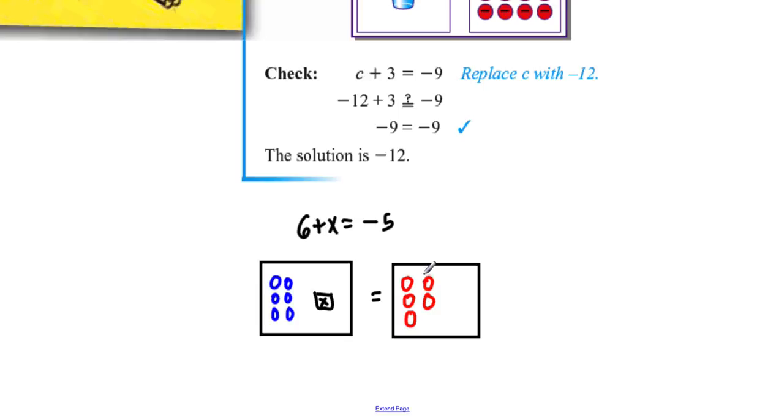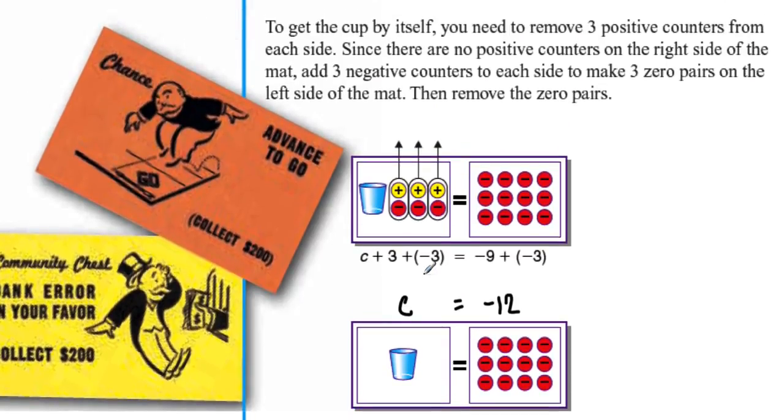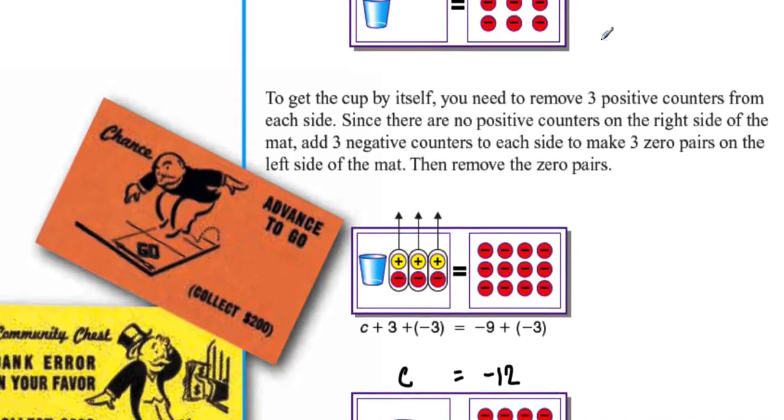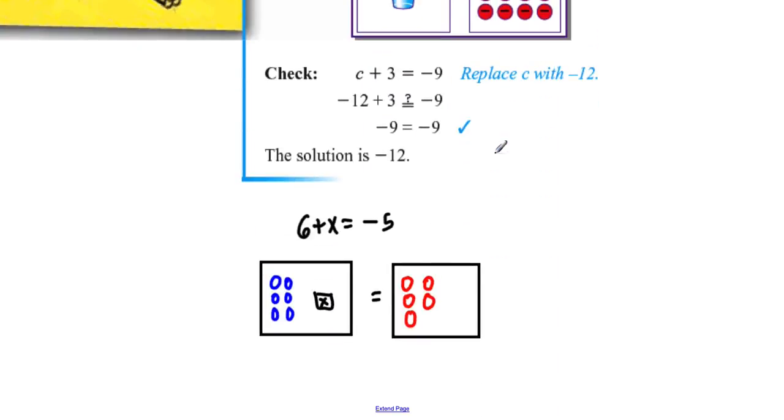Okay? So just like what we did in this example, to get the cup by itself, we need to remove, instead of 3 positive counters, 6 positive counters from each side. But the problem is, since there are no positive counters on the right side of the mat, we simply add 6 negative counters to each side to make 6 zero pairs, and then we simply remove the zero pairs.